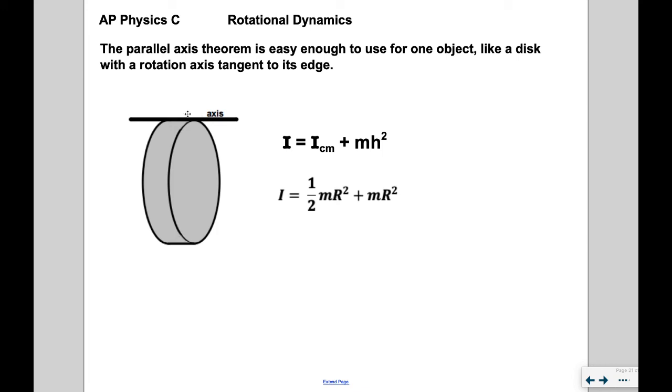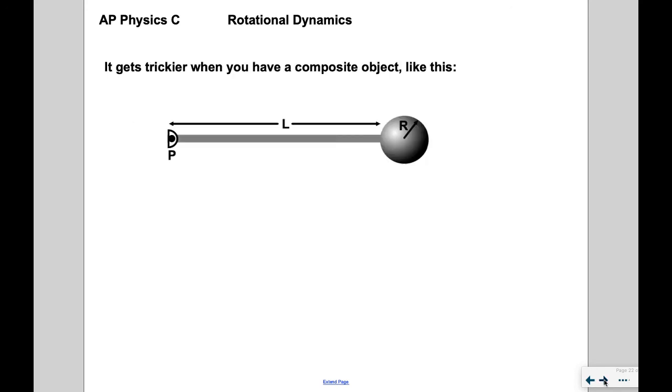We can see that the axis is located here on the edge, so it is a distance r from the center of mass. So there's the mr squared term. And when we add those up, we find that the rotational inertia here is 3/2 mr squared.